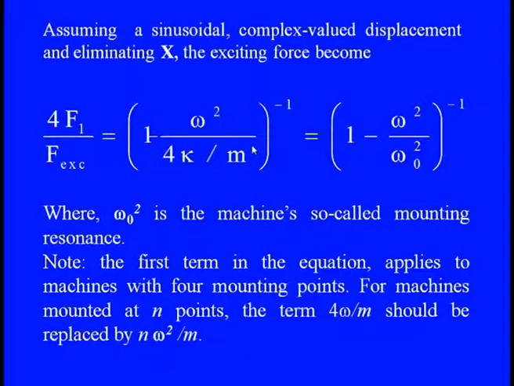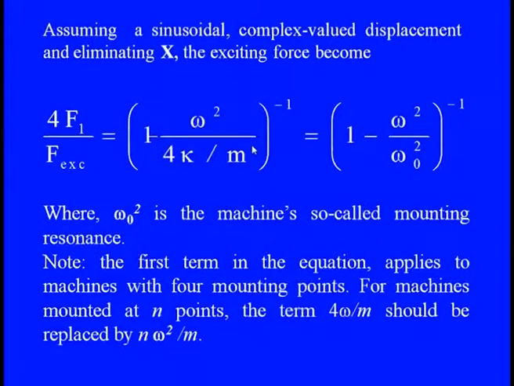With this sinusoidal feature, the complex valued displacement can be eliminated, and the ratio of 4 F1 to F excitation becomes 1 minus omega square by 4 k by m, because omega square is the circular frequency of the system excitation.